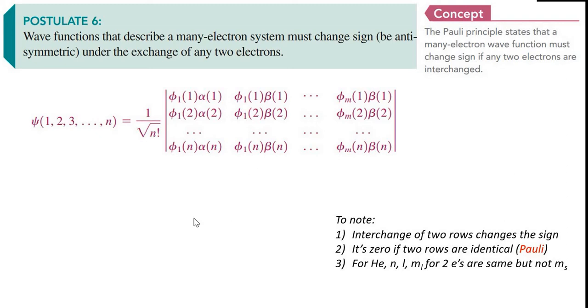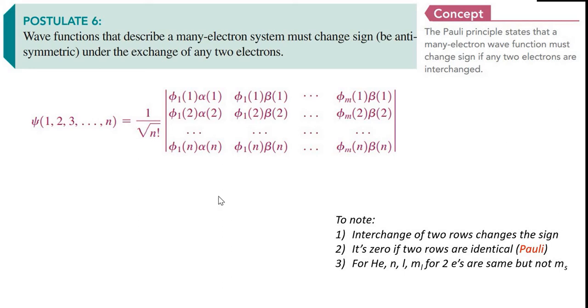They are the single-electron atomic orbitals, like 1s, 2s. And what are alpha and beta? They are the spin part. There are two parts, the spatial part phi, and the spin part alpha or beta.